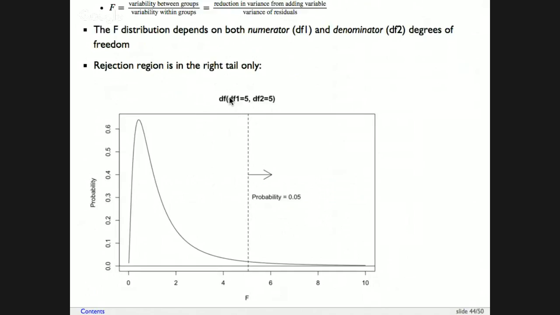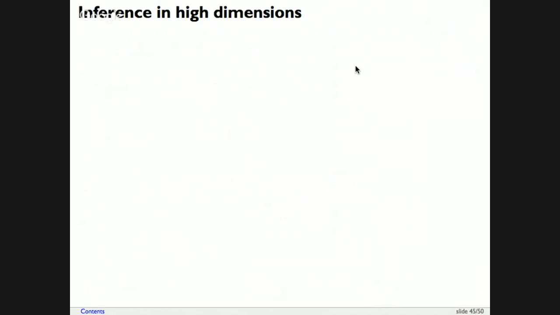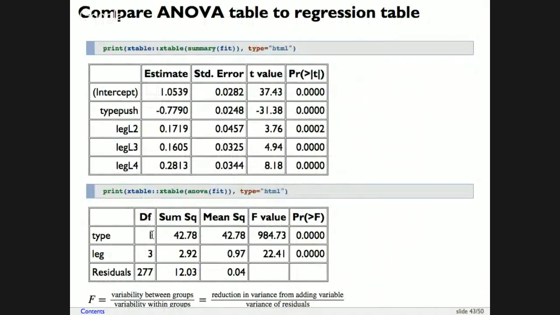For the T distribution, there was a degrees of freedom added to it. For the F distribution, there are 2 different degrees of freedom. There are the numerator degrees of freedom and the denominator degrees of freedom. So in this case, for type, the numerator degrees of freedom would be 1, and the denominator degrees of freedom would be 277. So both of those degrees of freedom matter.